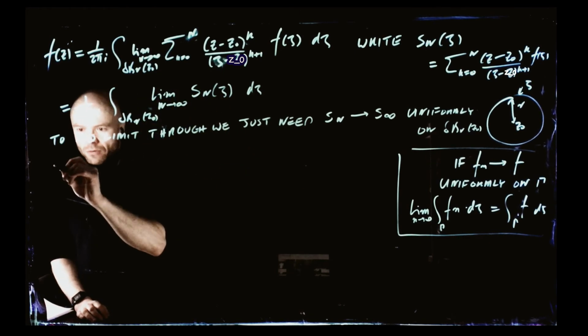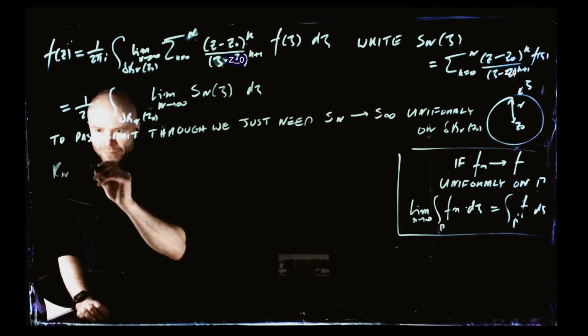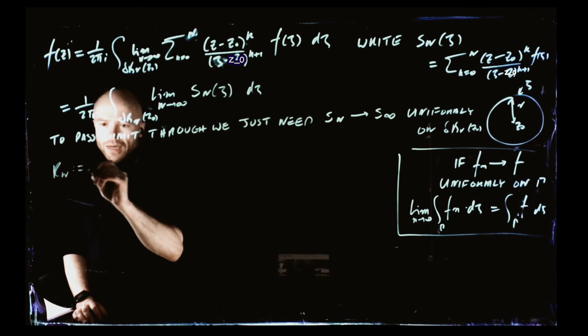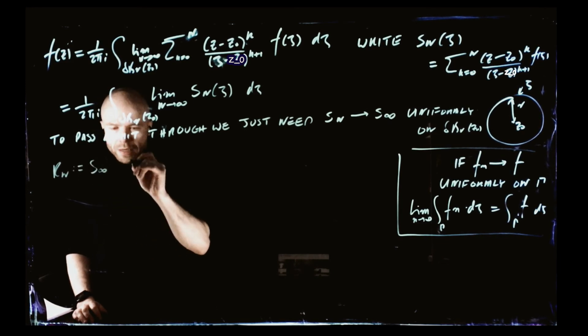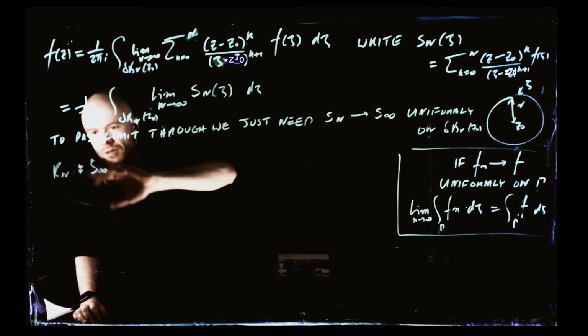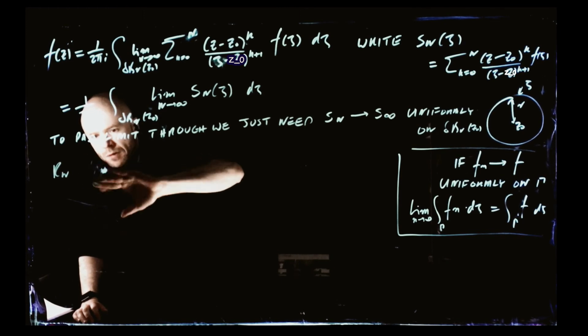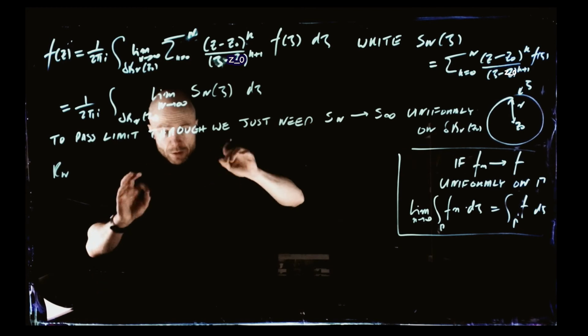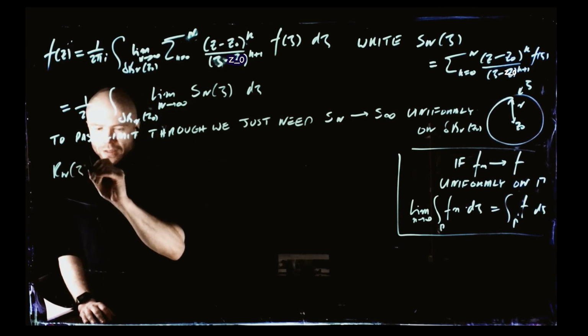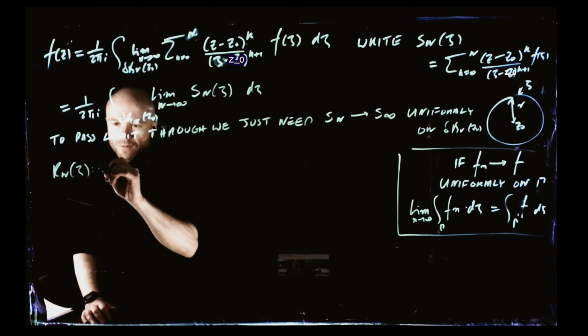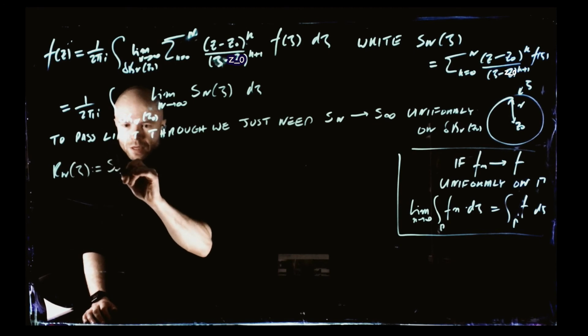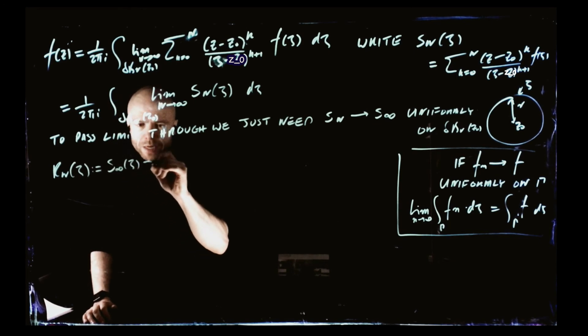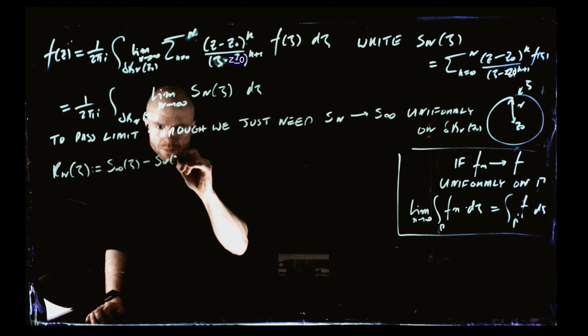So we're going to define the remainder term, Rn. Let's make sure we are clear that all this stuff depends on zeta, because it has to be independent of zeta. It has to be uniform in zeta. So Rn of zeta, we're going to define to be the infinite sum minus the partial sum.